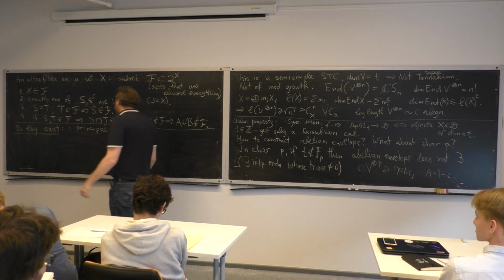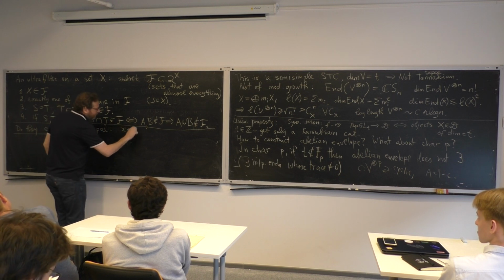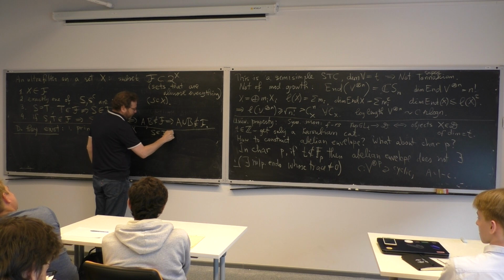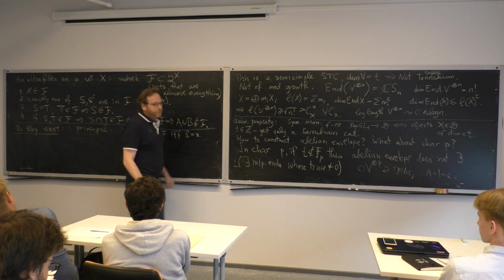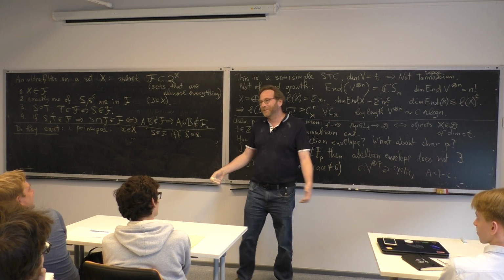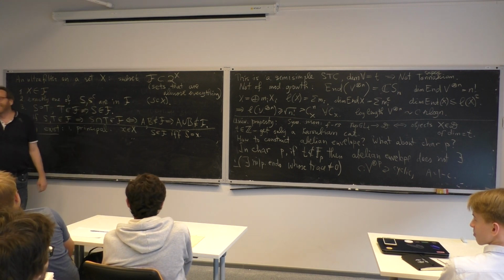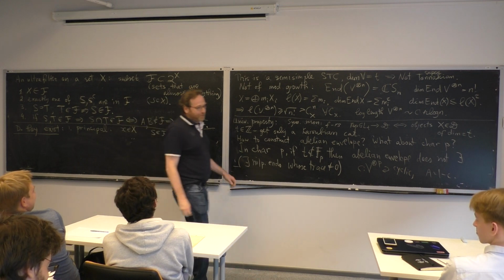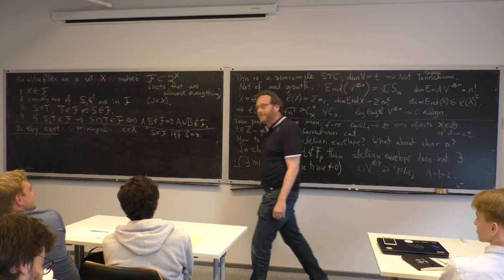A principal ultrafilter is the following: you pick some element of X, and then you say that a set S is in F if and only if it contains this element. So a set of people is almost everything if it contains me, and almost nothing if it doesn't contain me. But these ultrafilters are boring. Narcissistic people are normally rather boring, and similarly narcissistic ultrafilters.